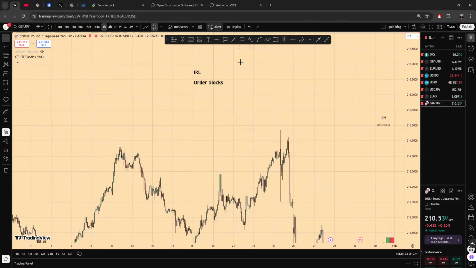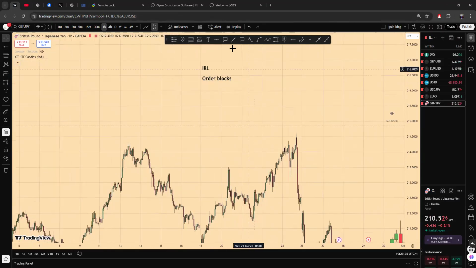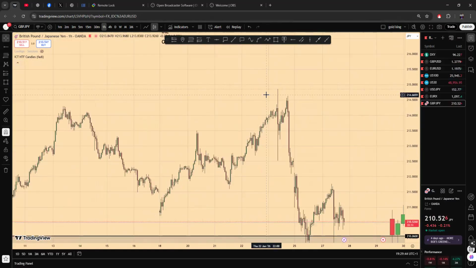Now, let's define what an order block is. First, let me just give you the logic behind order blocks. Order blocks are simply candles where we believe that institutions have placed in their orders. Like for example, we are maybe using smart money concepts, or trading like the institution.